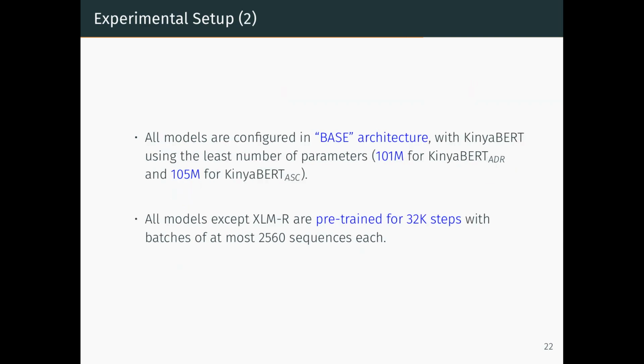All models are configured in the base architecture, which is between 100 and 110 million parameters, with KinyaBERT using the least number of parameters. All models except the multilingual one are pre-trained for 32,000 gradient updates with a batch size of 2,560 sequences in each batch.